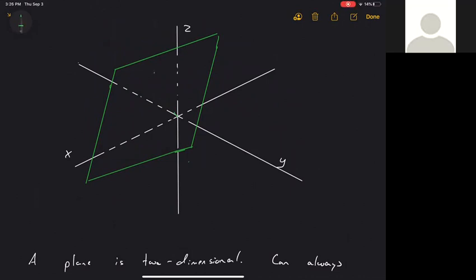I can always draw a vector coming out of the plane in some other direction. This plane is 2D, and I'm in 3D space, so I can always find that third dimension. I could draw this vector at a right angle to the plane.